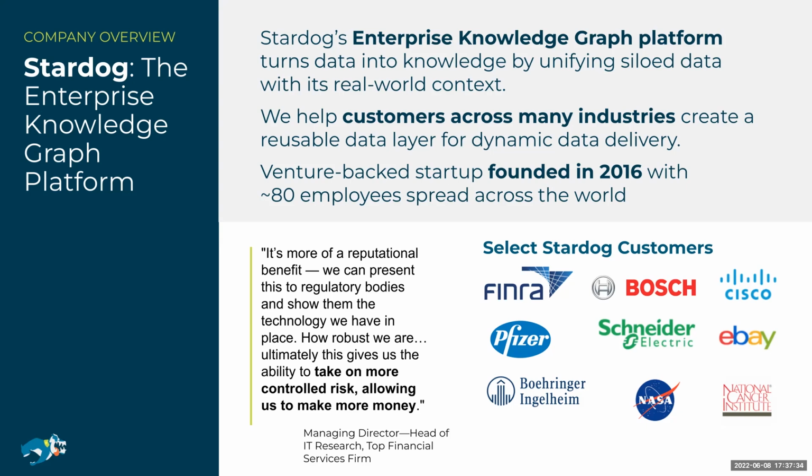So Stardog is both the company and the product. It's an enterprise knowledge graph platform. The main problem that we are tackling is data silos in large enterprises. Our customers are typically Fortune 500 enterprises that have lots of data, lots of databases spread all around the organization in different departments, and all the databases are locked in their silos, not connected to each other.